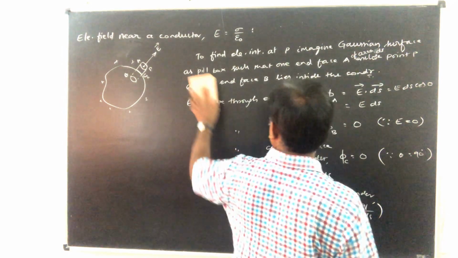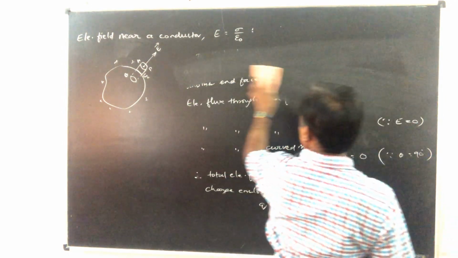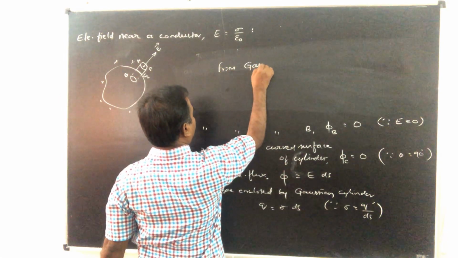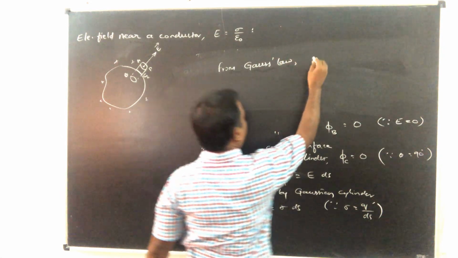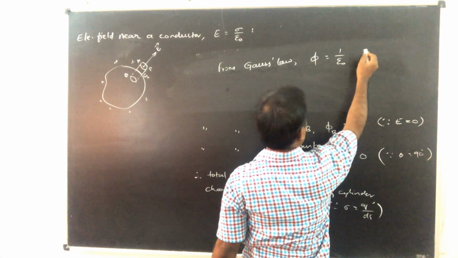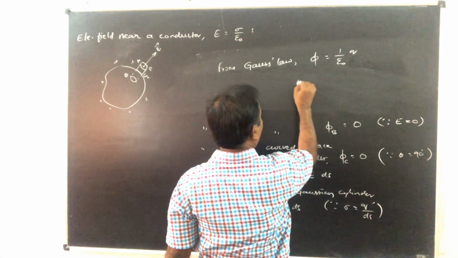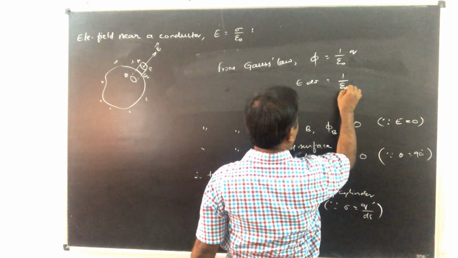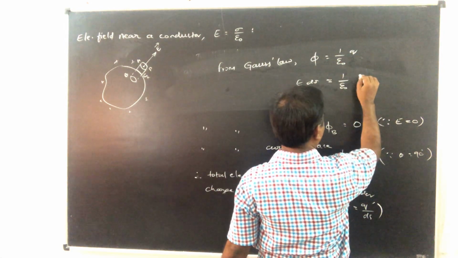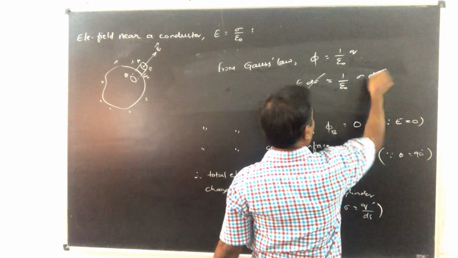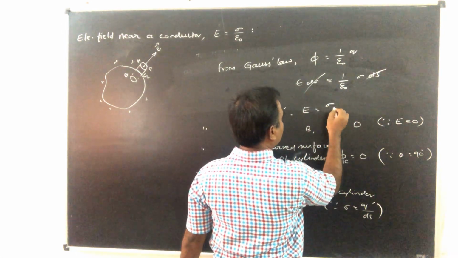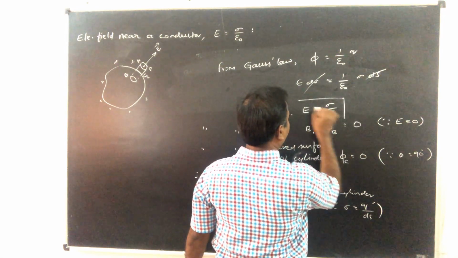Next, from Gauss law, phi is equal to 1 by epsilon naught times the charge enclosed. So E ds is equal to 1 by epsilon naught times sigma ds. So you can strike off the term ds. Therefore, E is equal to sigma by epsilon naught.